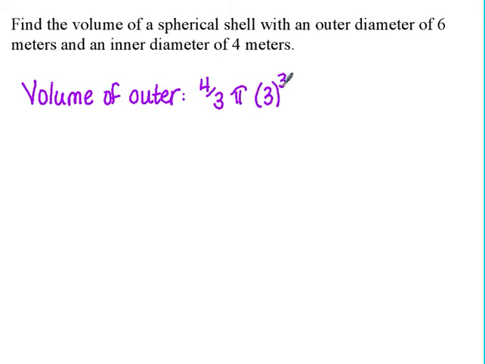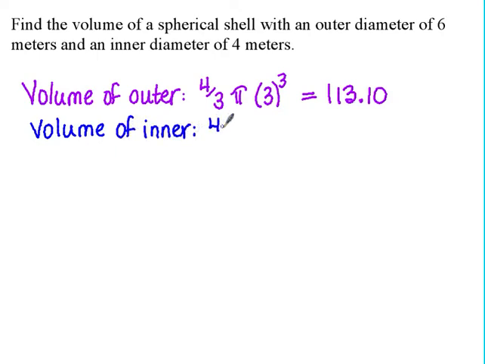What does that come out to be? 113.10. Okay, good. Now we got to do the volume of the inner. Volume of the inner, what am I going to take? 4/3 times pi times what? 2.